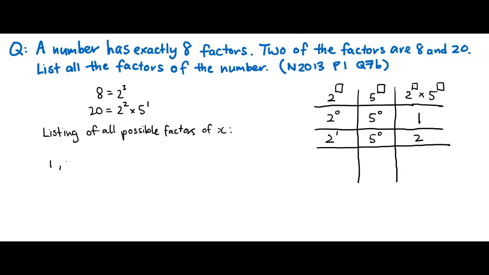Next I'm going to raise the power of 2 to 2, with 5 to the power 0. 2 to the power 2 is just 4, and 4 times 1 gives me just 4. And 2 to the power of 3 times 5 to the power 0 is going to give me 8.